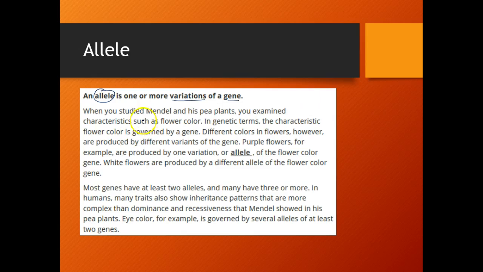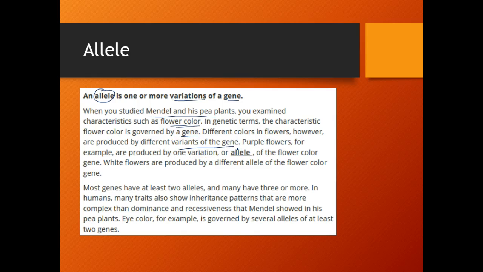Okay, so if we think of the example of Mendel when we talked about his pea plants, we looked at different characteristics such as flower color. So you can think of this flower color in terms of a gene. The characteristic of flower color is governed by an actual gene. Different colors in flowers, however, are produced by different variants of the gene.